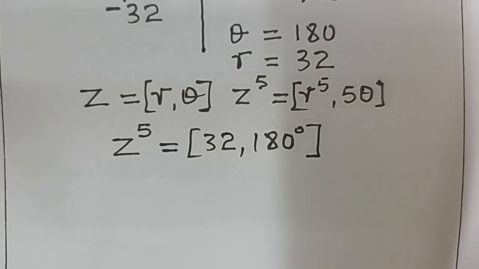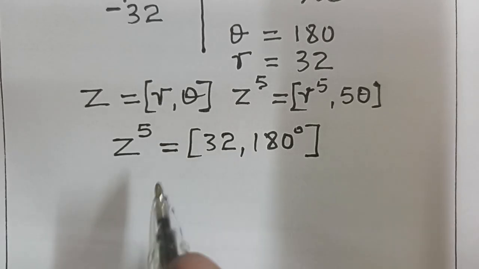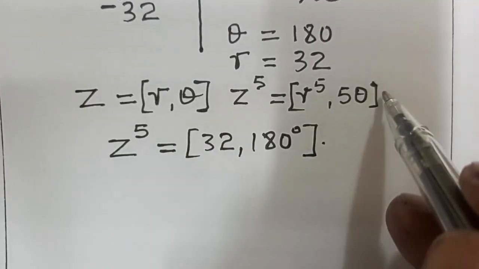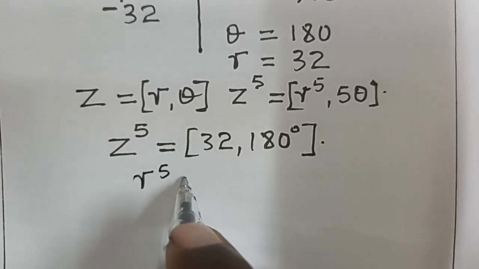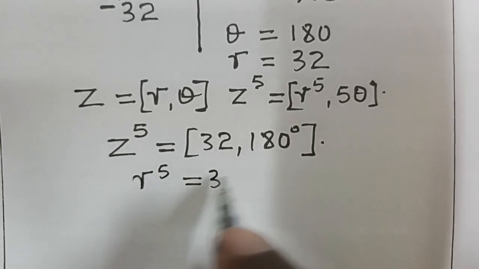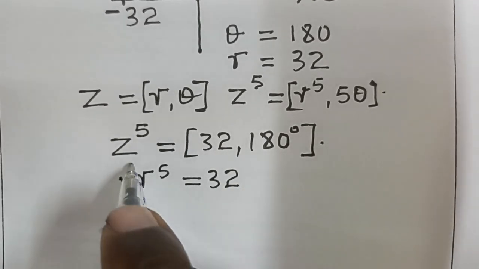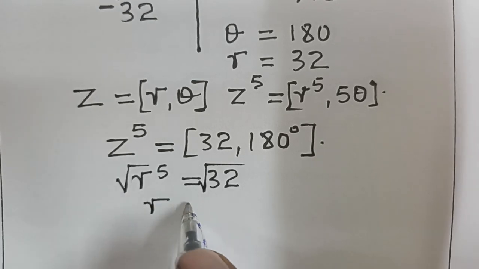And so therefore, we go ahead and find z. For z, we have r and theta. This is equivalent to this, and therefore r raised to 5 equals 32. So we find the fifth root on this side and the fifth root on this side. So r comes to 2.